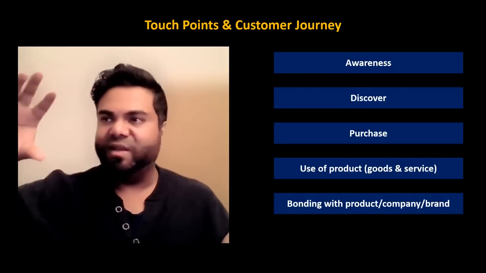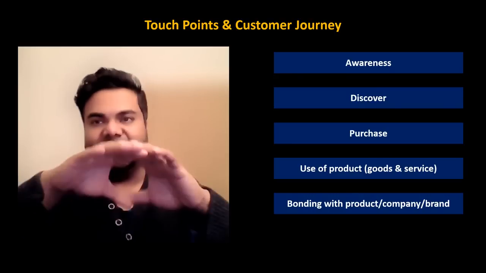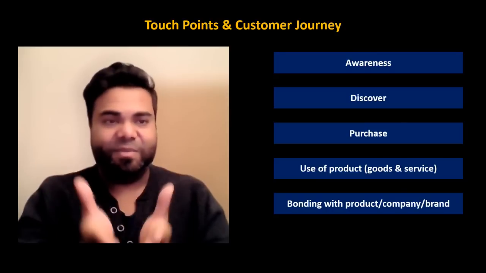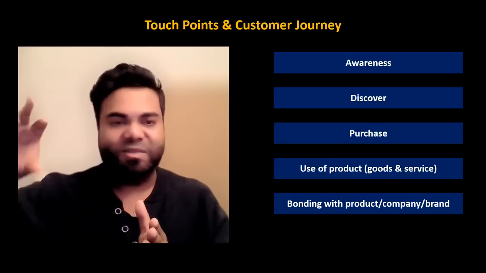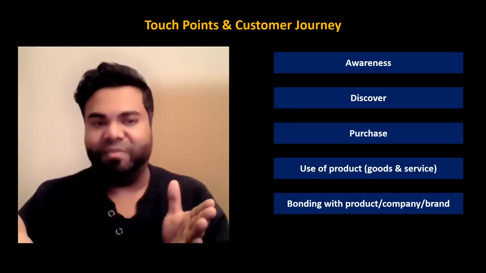They go on their journey of discovery, which becomes step number two, where they identify all the different products available that could meet their potential need. Once they find the one they like, they get to step number three, which is purchase: the decision to buy or not to buy.